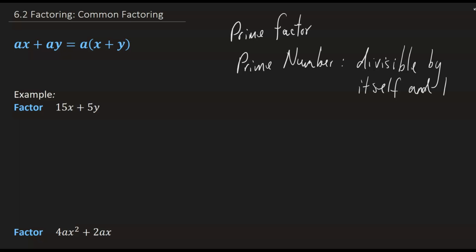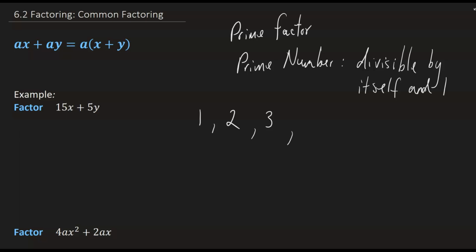So think about that. 1 is divisible by itself, 1. 2 is divisible by 2 because 2 divided by 2 is 1, and it's divisible by 1. 3 is divisible by 3, and 1, and nothing else.